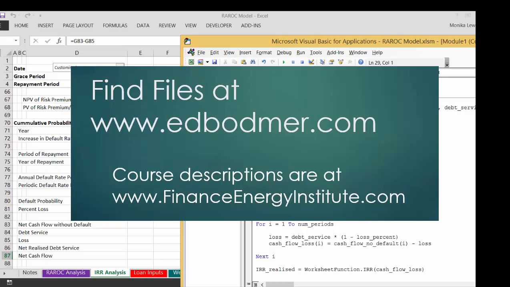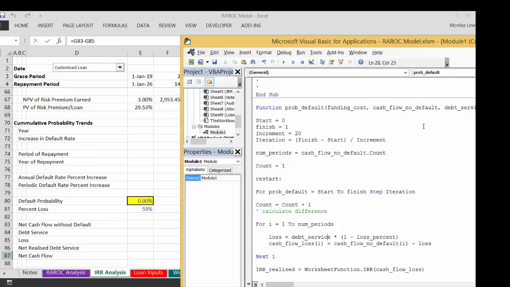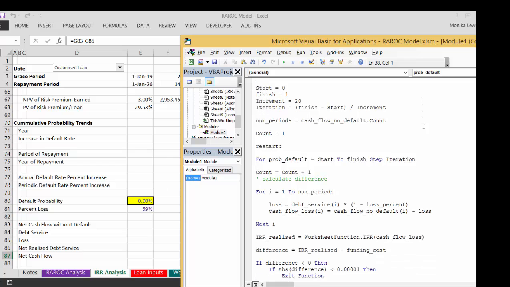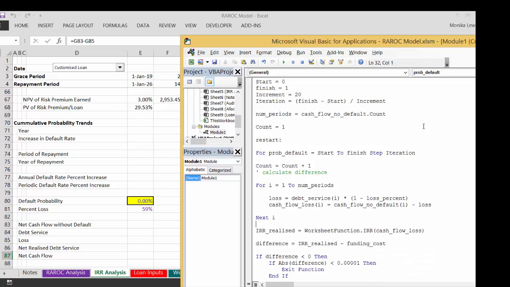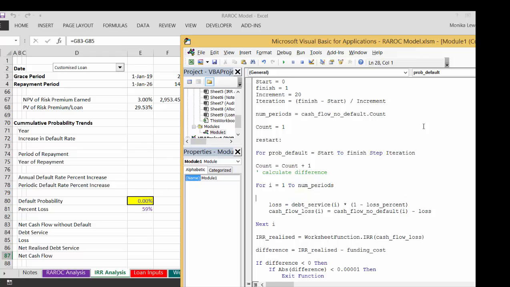Okay, so we've got that, but of course I made an error. And we have the loss, and now we have to figure out what this loss percentage is.